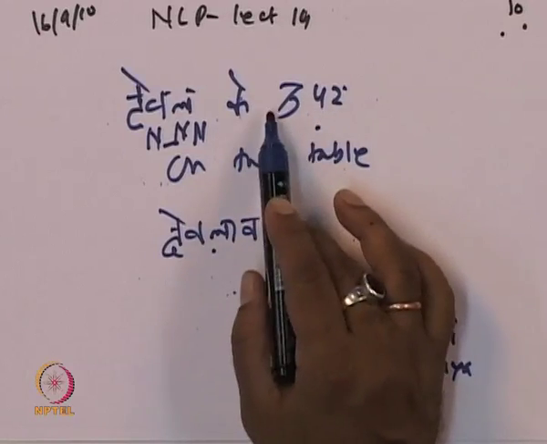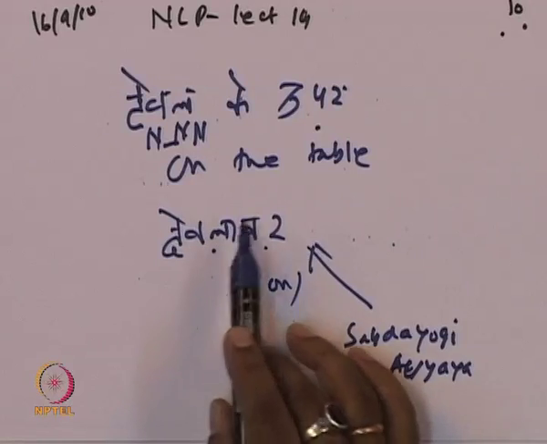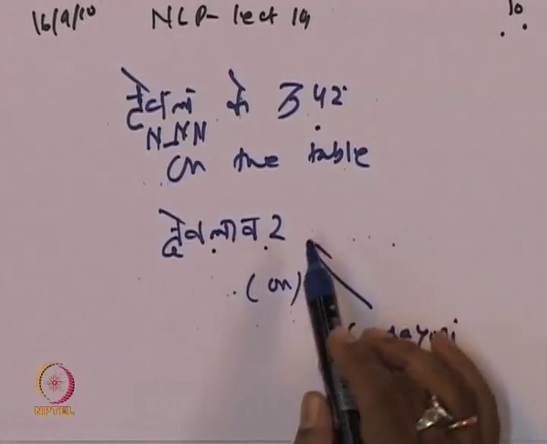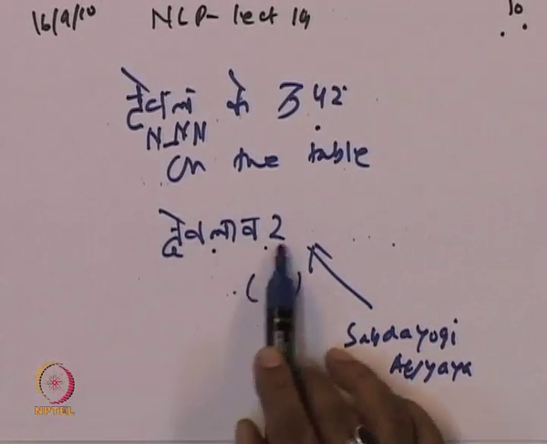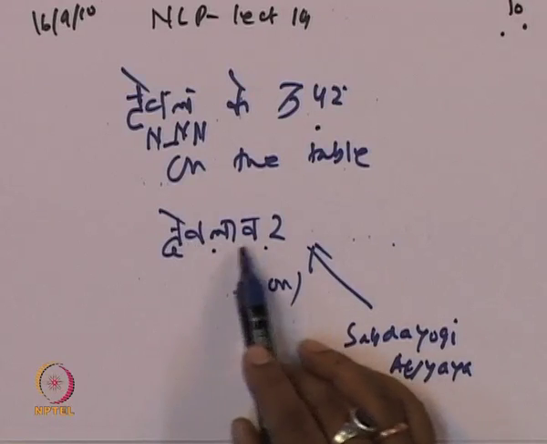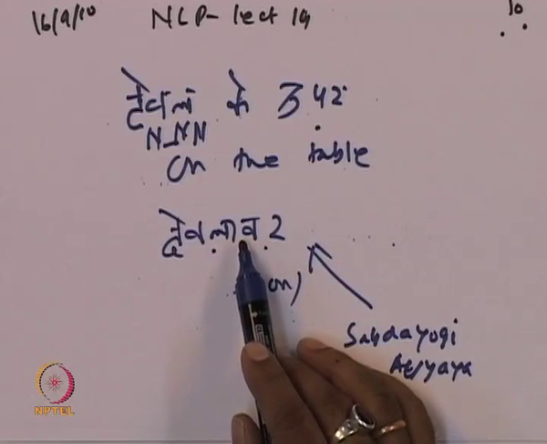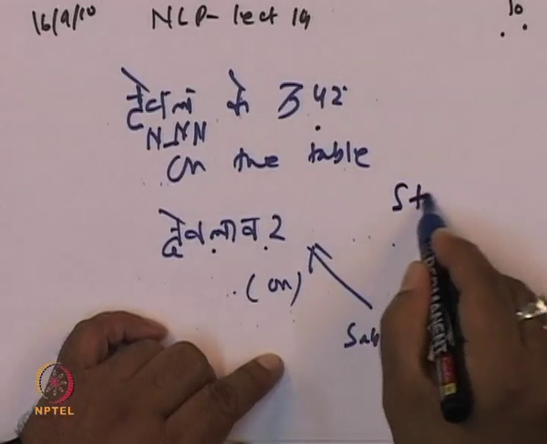So, they will need to have two tags. But you see in Marathi, ke upar are not there separately, they are not there with white spaces, they are attached with the noun itself, tevlavar. And what should we do for tagging here? Now, in Marathi you can have a stacking of suffixes.